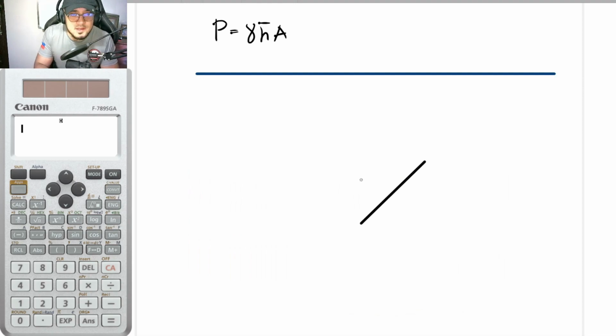Since this is a rectangular plate, we can conclude that its centroid is basically at the center. As defined earlier, bar h is the height from the fluid up until the centroid. So let's say that this is the centroid of that particular element. So this is now bar h.